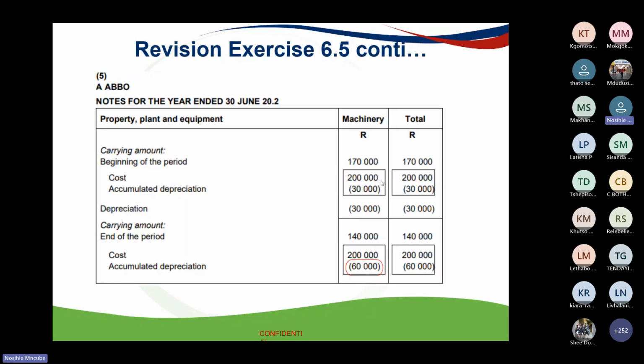Okay, so for that one, with accumulated depreciation, let's say your year end is 31st of December 2024, and you bought an asset for 200,000 on the 31st of December 2024.